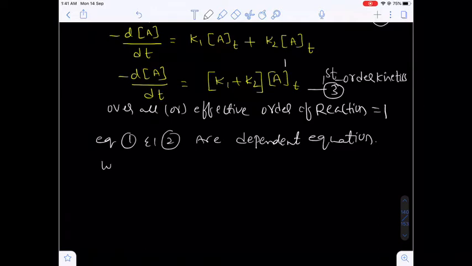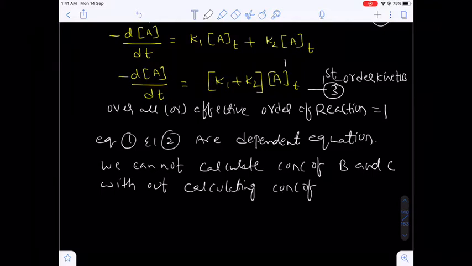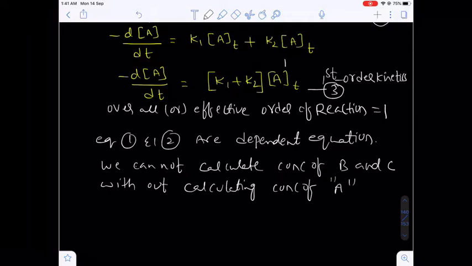That means we cannot calculate the concentration of B and C without calculating the concentration of A. Are you getting my point?